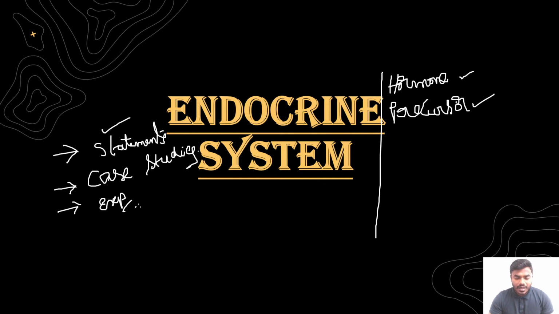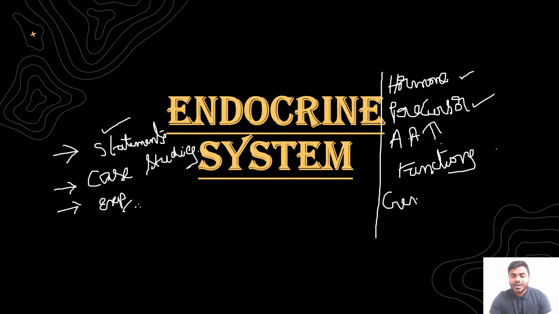Most importantly, which amino acid is acting as the precursor. Most important, the functions. At the same time you should know the generalized information about the hormone with respect to the case studies. Anyway, you will understand it easily.